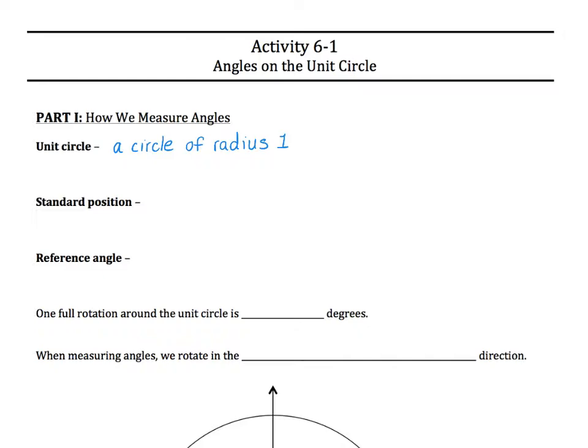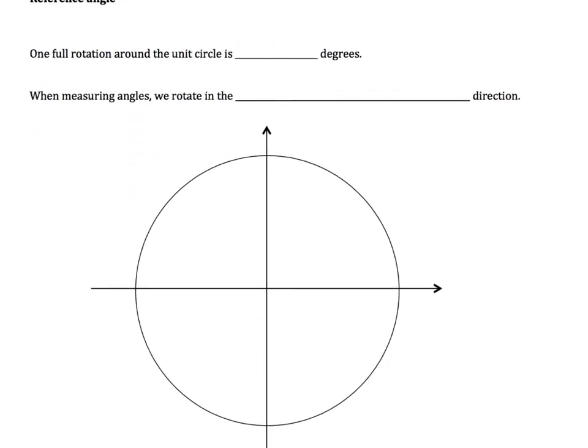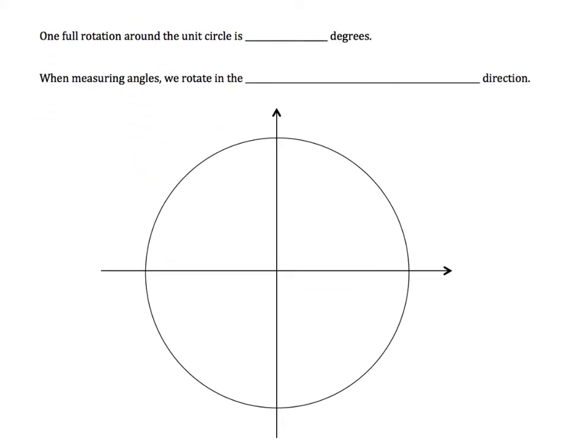Okay, so if we come down to our picture here, if this is to be our unit circle, we know that the radius is 1, so we can infer that this distance here, from here to here, is a length of 1. So we know the coordinates of this point right here.